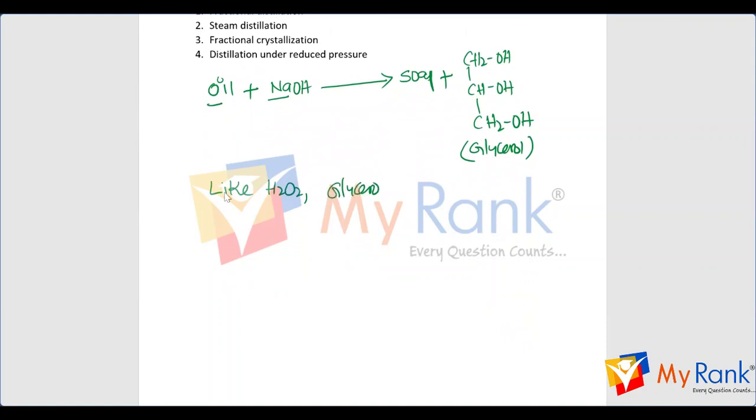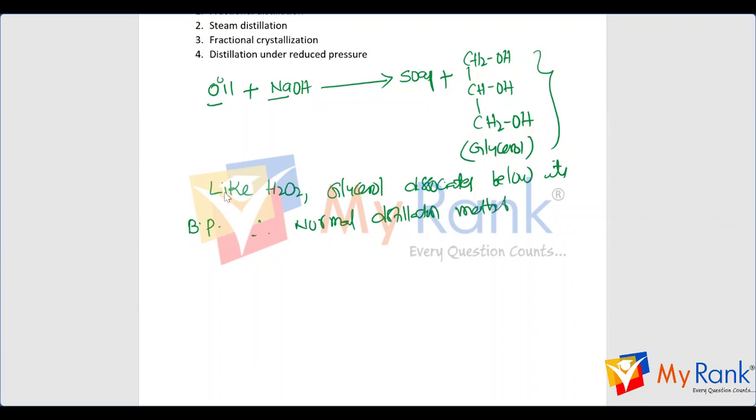Therefore, the normal distillation method cannot be applied.